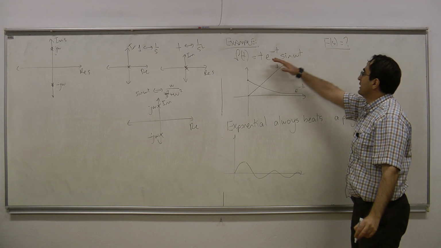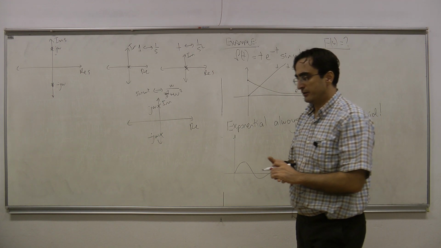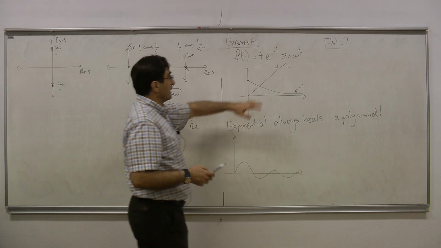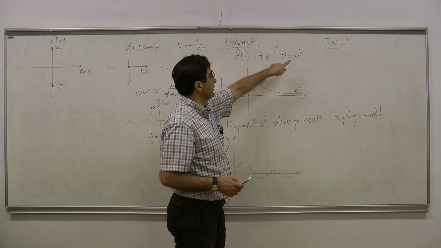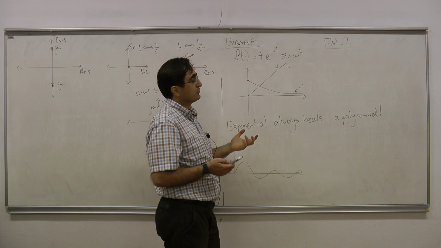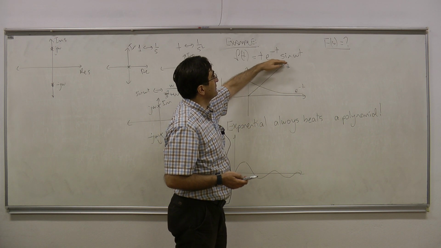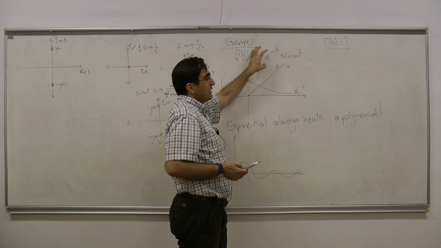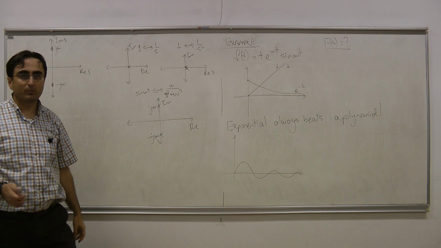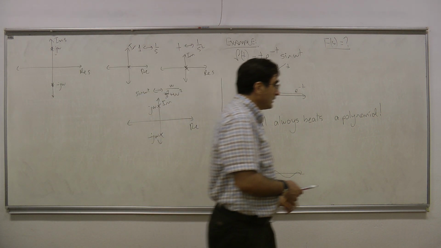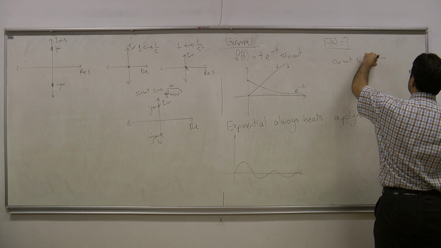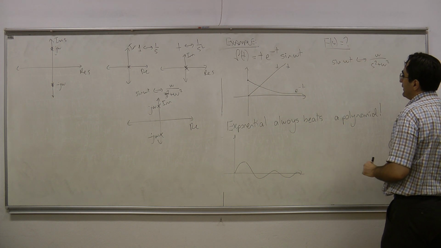So here I can again use the properties. But here there are multiple ways to use the properties. I can, for example, look at t sine omega t, and it's multiplied with an exponential. I can use that. Or I can look at e to the minus t sine omega t, and that is multiplied by t. So there are multiple ways to derive the Laplace transformation of such a function. So here I will write sine omega t is omega over s squared plus omega squared.